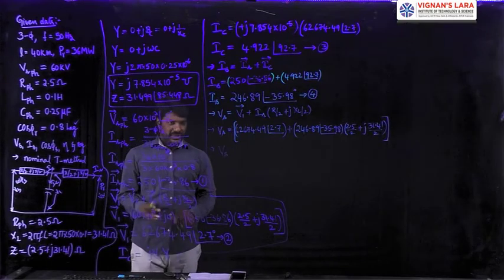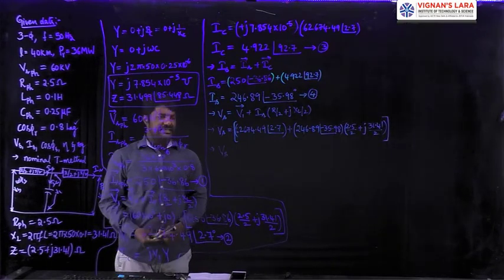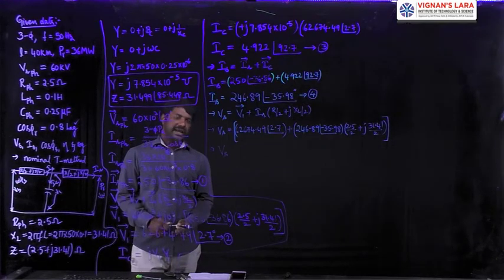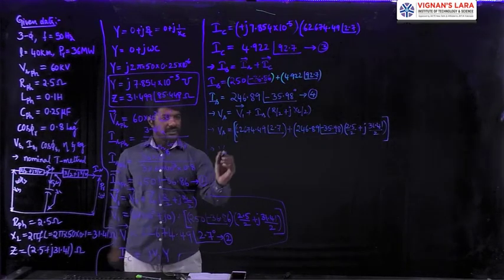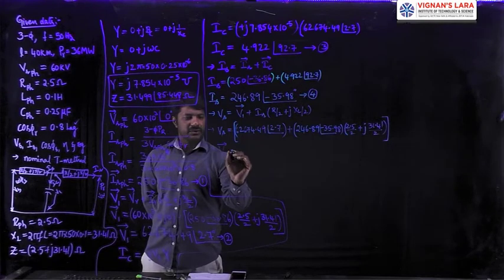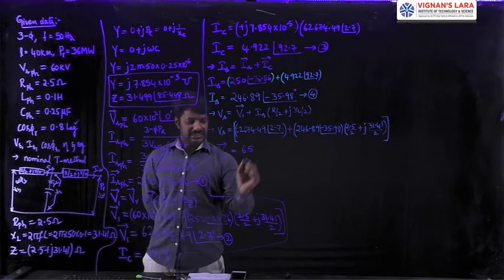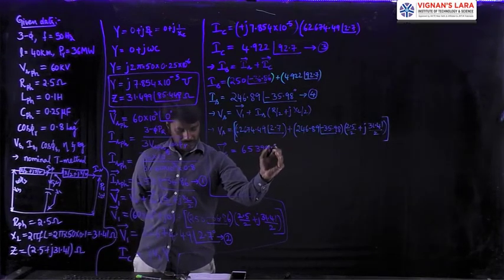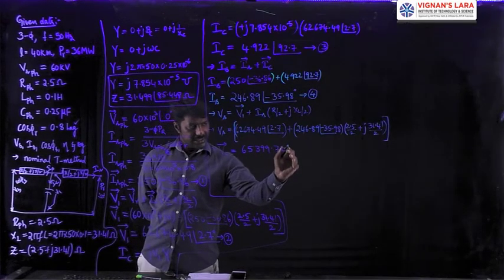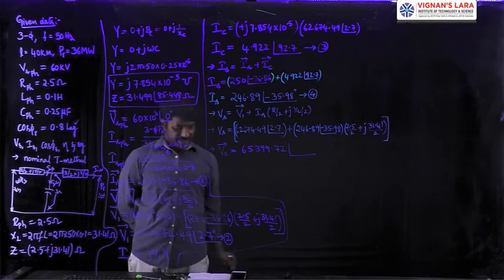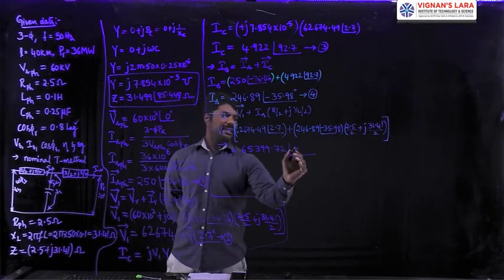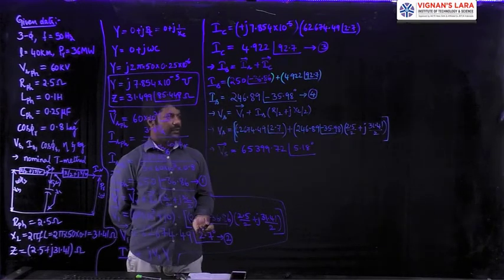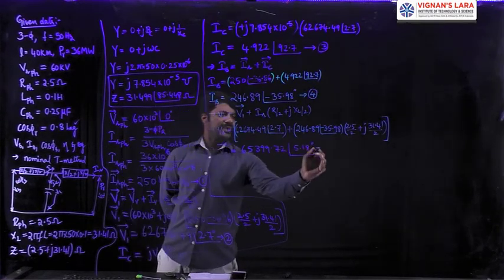The voltage Vs per phase on the sending end side is equal to 65,399.72 volts. It's a leading quantity, by an angle of 5.18 degrees, and let it be equation 5.